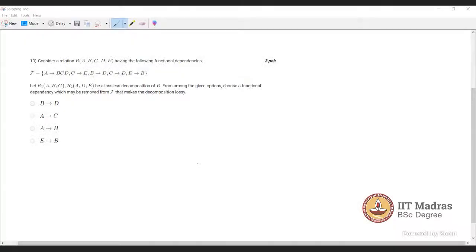This is the question, right? Yes, sir. R is a lossless decomposition of R. From among the given options, choose the functional dependency which can be removed from R that makes the decomposition lossy. Can you tell me your approach? How did you solve this question?